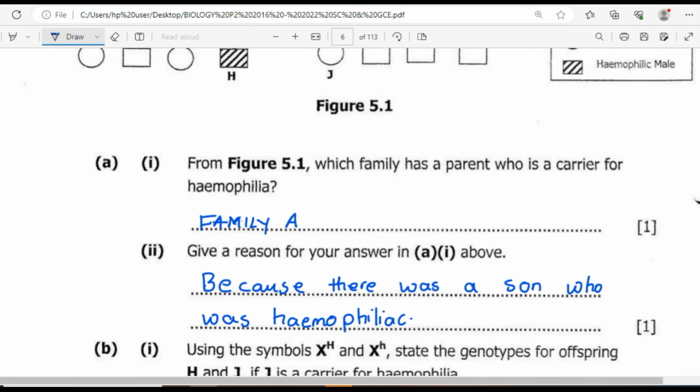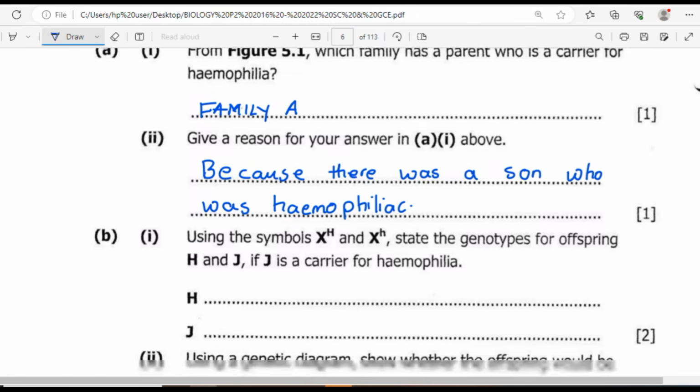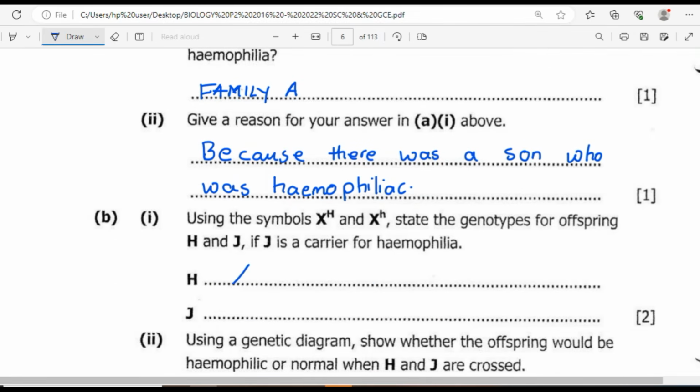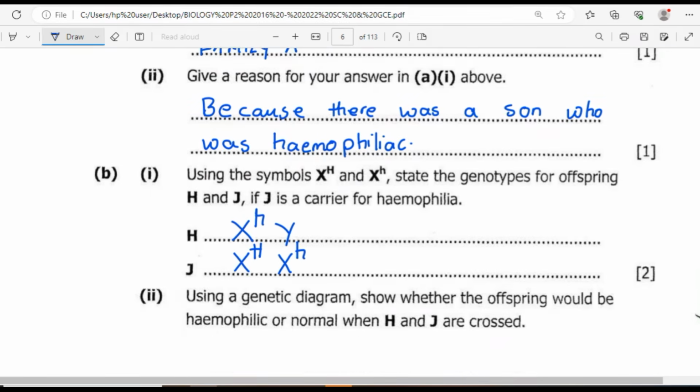So let's look at H. We know it's shaded, and H is a male, XY, and whenever a male is sick, we just have to put one small letter h. Remember, the Y does not contain these sex-linked characteristics. Then J, we are told J is a carrier, so we need to have one capital letter and one small letter.